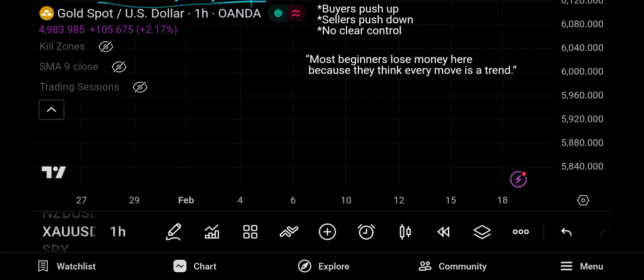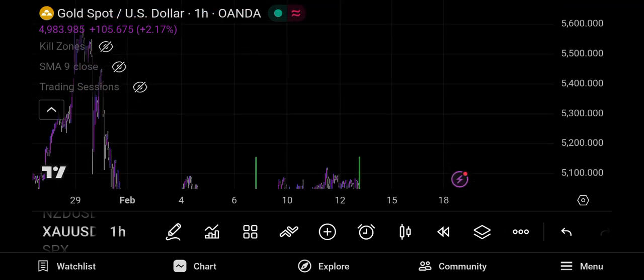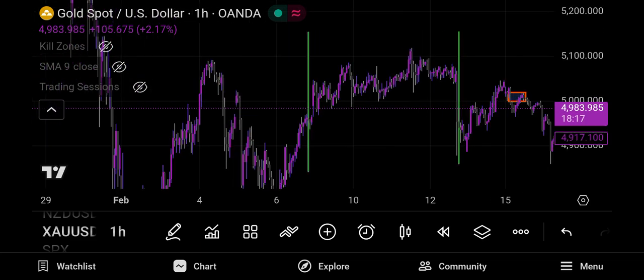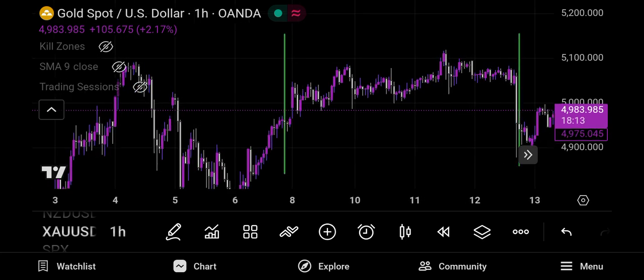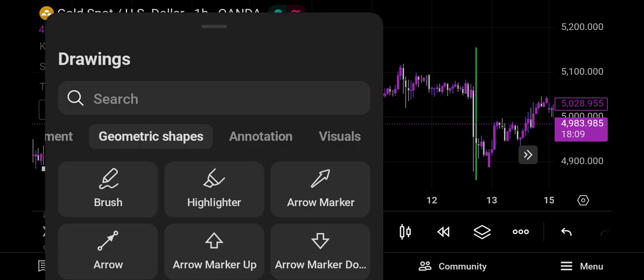Okay. I'll try and see if I can identify some ranging markets over here so I can show you guys. Okay, there's a clear-cut example of a trending market. So what do we see?